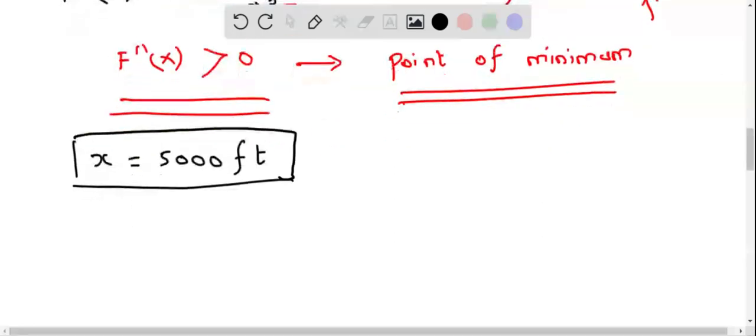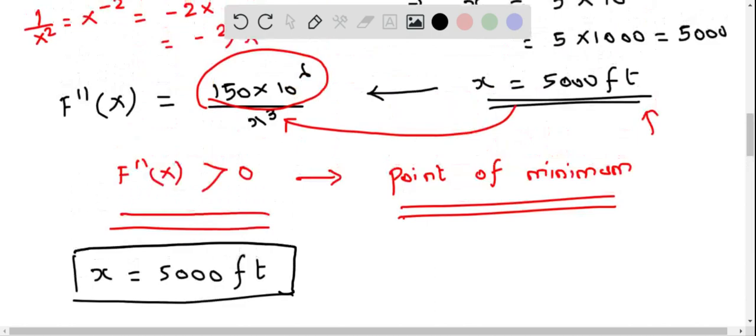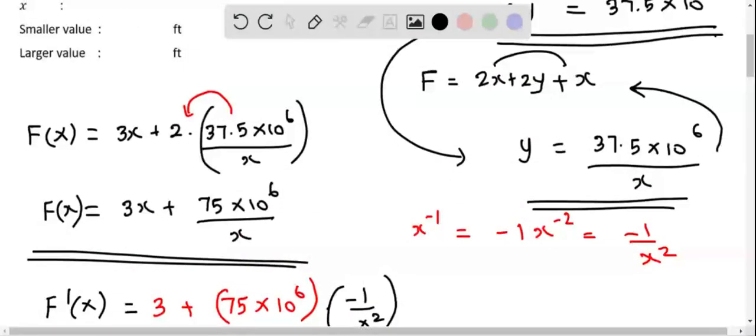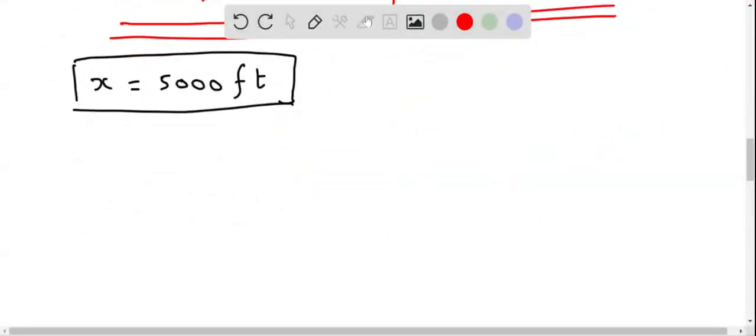Now we have to determine the corresponding height. So let's use the relation between the sides. So the other side is y. We can use this relation to find the other side, which is 37.5 times 10 power 6 divided by x. So I'm going to use that and solve for y.